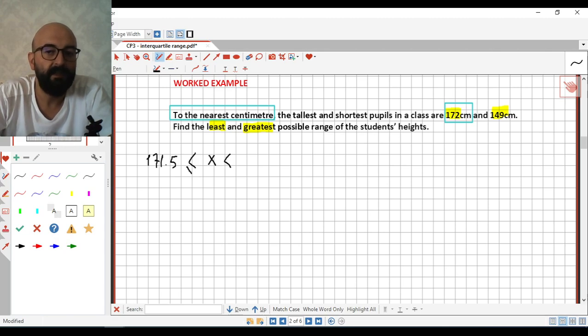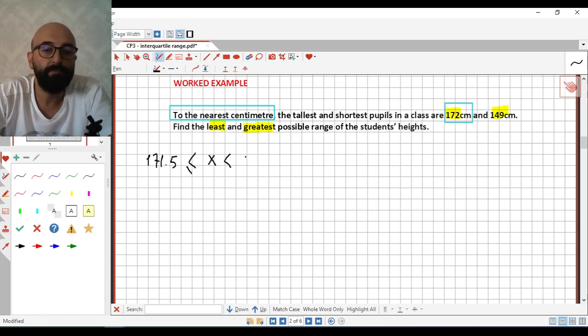If the pupil's height should be 171.5, to the nearest centimeter it becomes 172.